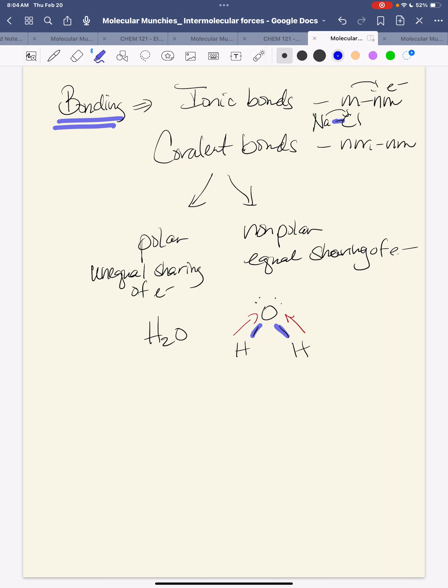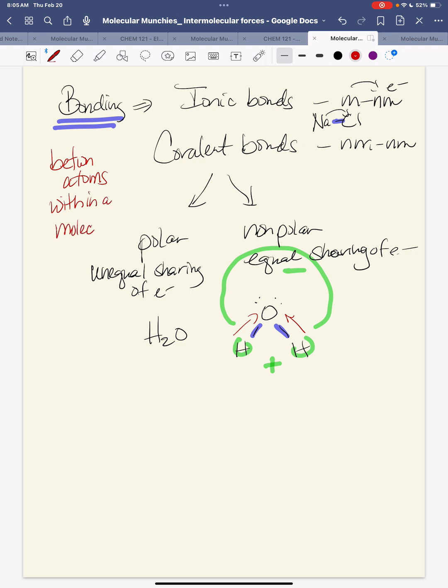There's an unequal distribution of electrons. There's electrons hanging out here, and this is making this side negative and this side positive. And the idea is when we talk about bonding, we're talking about between atoms within a molecule.